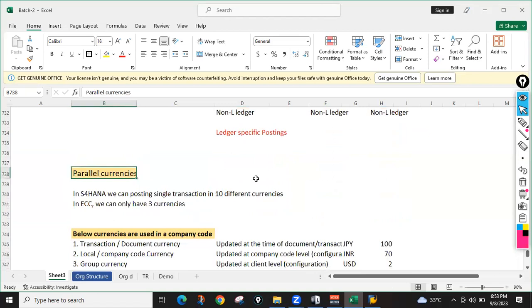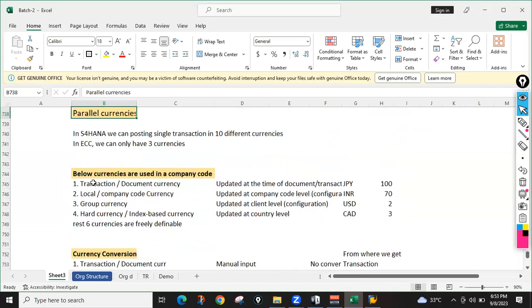Then we started learning the parallel currencies. In SAP S/4HANA, we can have 10 currencies at a time for a single transaction posted. We can see that transaction amount in 10 currencies, but usually we are going to use 3 currencies or at maximum 4 currencies. But if required, 6 freely definable currencies can also be defined.